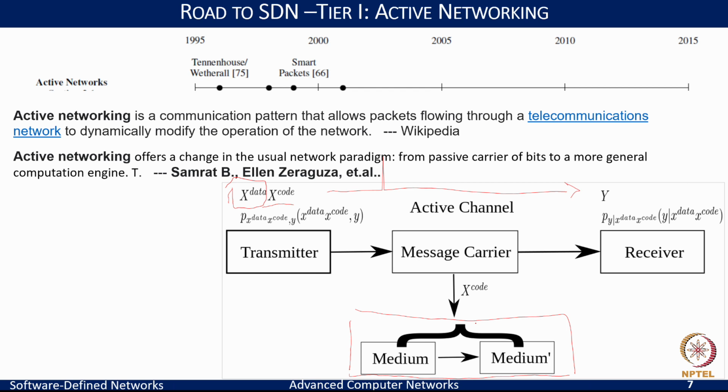And this is where active networking started, and it offered a major change in the networking paradigm. Nonetheless, it was not as successful because of the complexities in terms of deployment, but it essentially paved the way for how we can think of networks to be active.